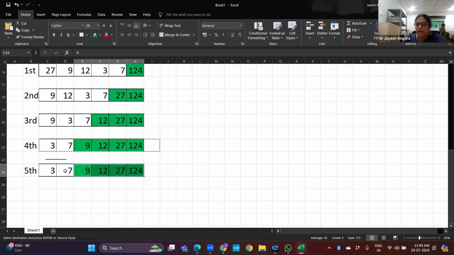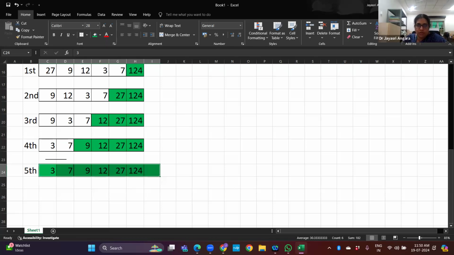When 3 and 7 are compared with each other, they are already in sorted order. 3 is smaller than 7, so there is no need for a swap. So we can declare that up to this point the entire array is sorted. This is what we consider the bubble sort algorithm.